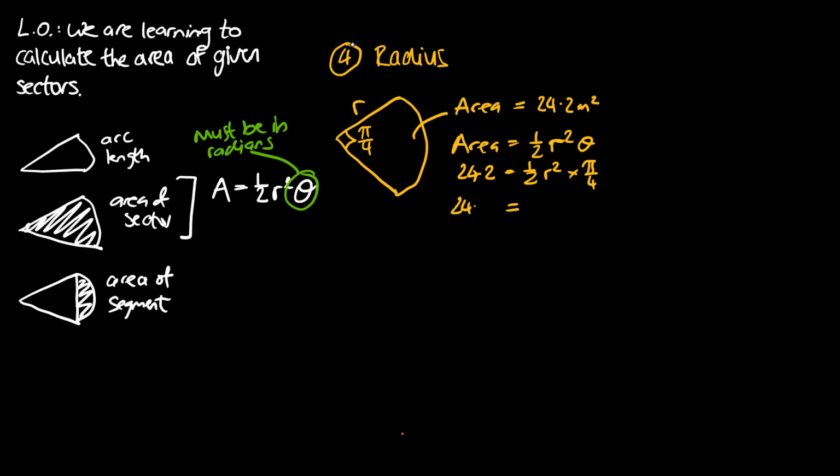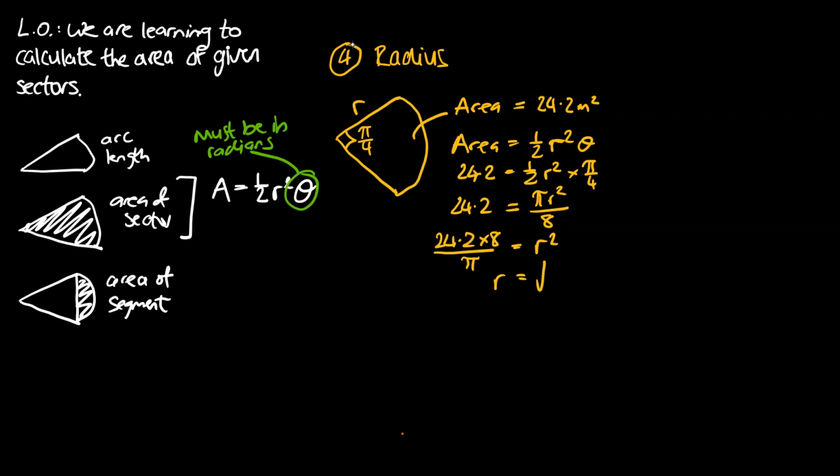So 24.2 is going to be equal to pi r squared divided by 8. So we're going to move the divide by 8 over as times 8. So 24.2 times 8. We're then going to move the times pi over as divide by pi. That there is equal to r squared.